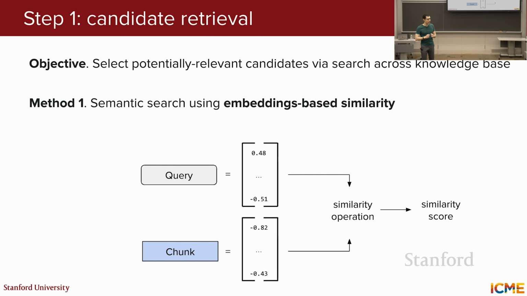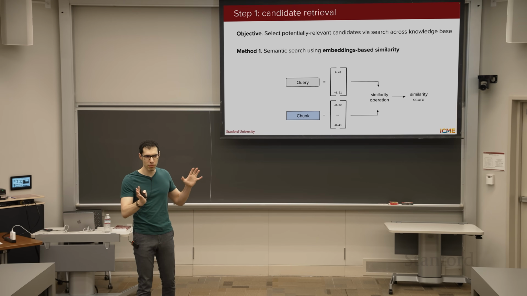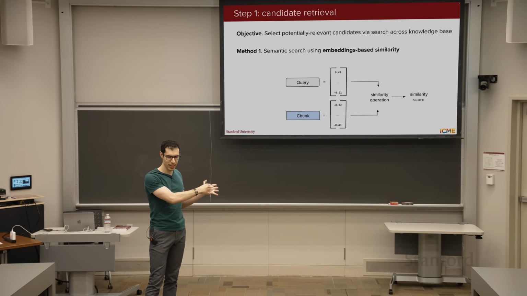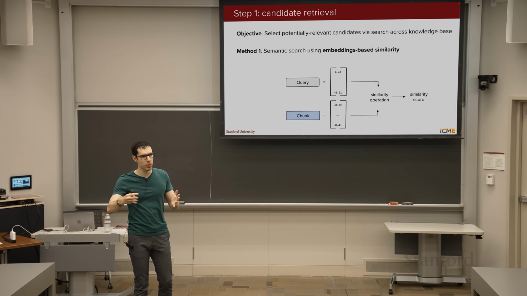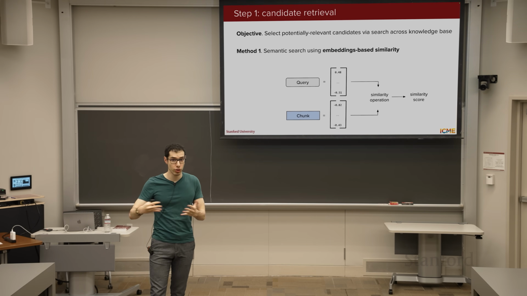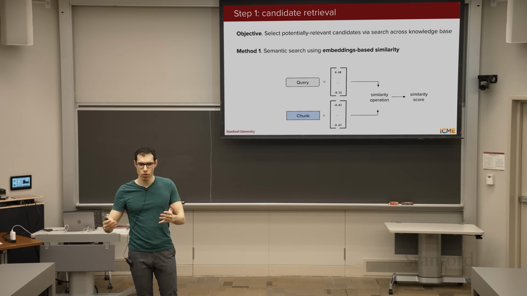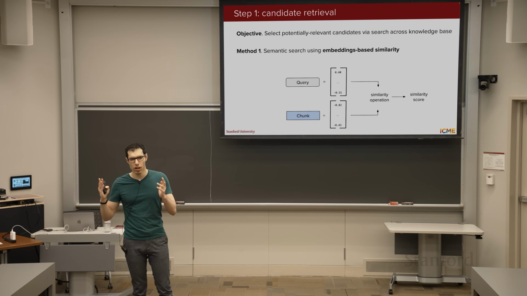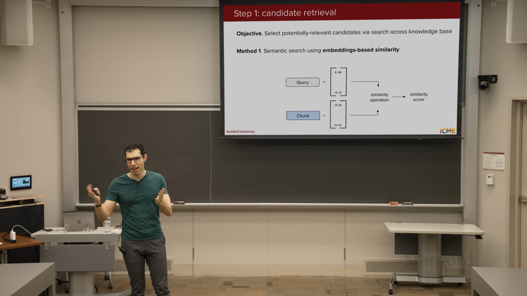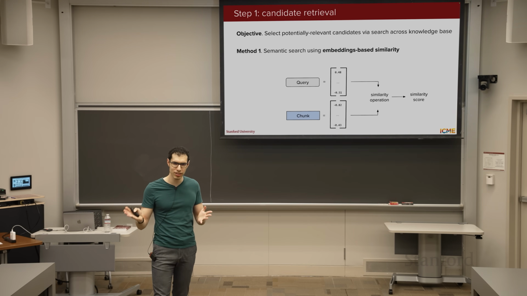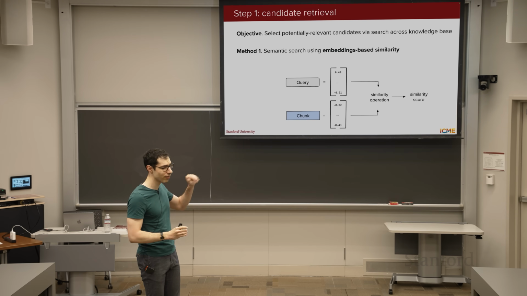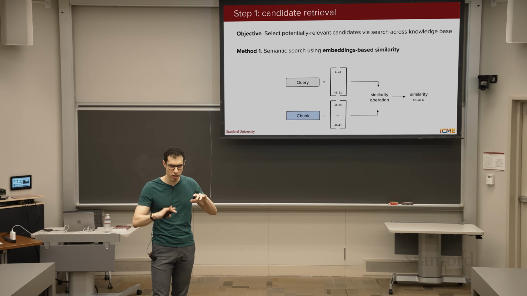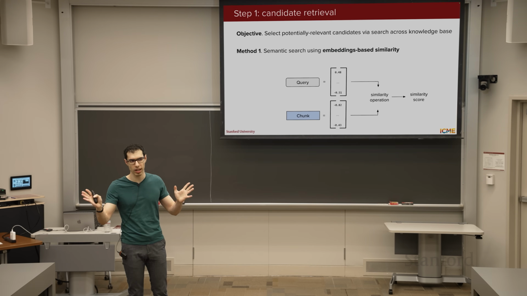I just want to call out that there is some complexity in that stage, because your knowledge base can potentially be huge. So what people typically use are what we call approximate nearest neighbor methods. You may have heard of some libraries that do that. We're not going to go into details, but I just want to call that out.